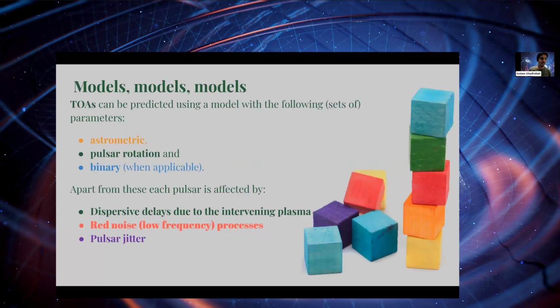As I mentioned, the timing model of the pulsar contains basically astrometric properties: where is it located, how fast is it moving in the sky; pulsar rotational properties: how rapidly is it rotating, does it rotate without undergoing glitching, which Sarah just mentioned. Is it hanging around in a binary?